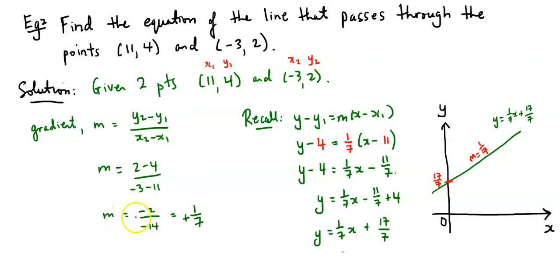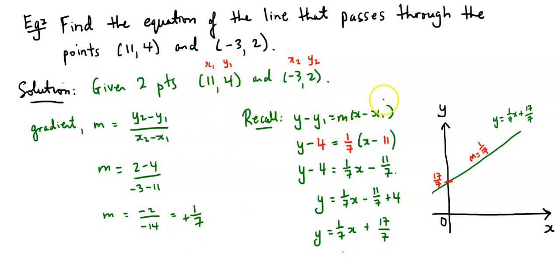So we get the gradient is negative 2 over negative 14, which can be reduced to positive 1 over 7. Remember, negative divided by negative is a positive, and 2 over 14 is 1 over 7. So always try to reduce our answers to lowest terms.